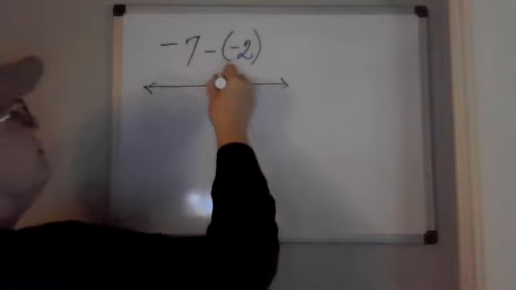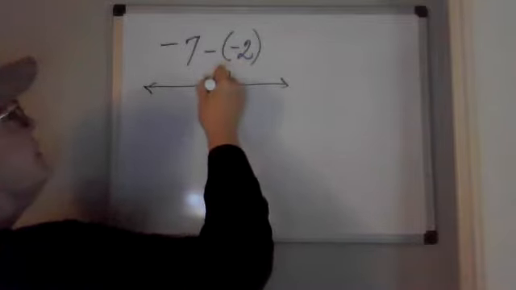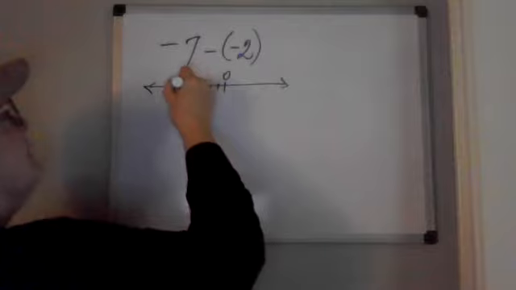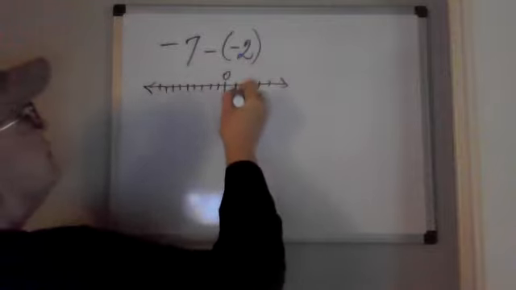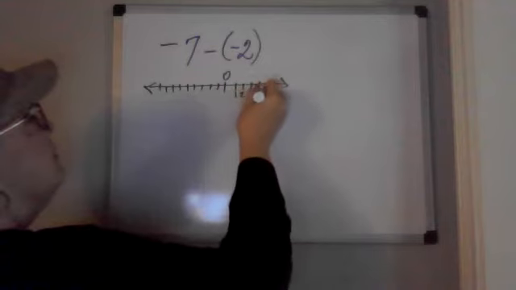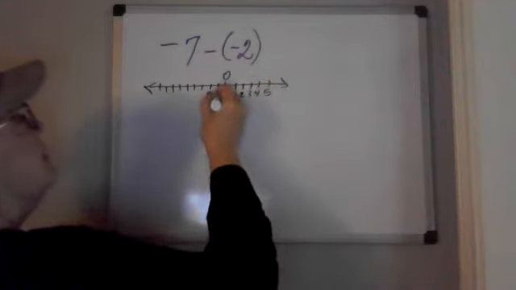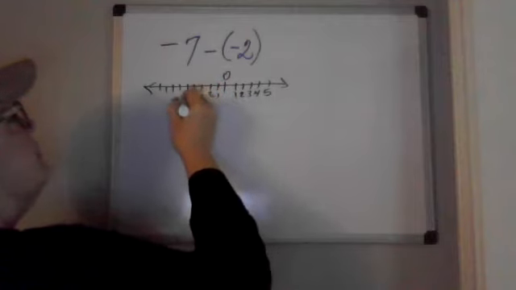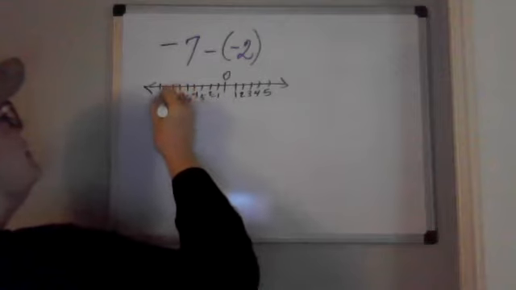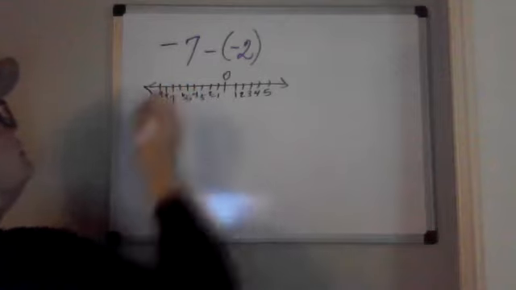And I have 0 here, then 1, 2, 3, 4, 5, 6, 7, 8, 9, and on the other side -1, -2, -3, -4, -5, -6, -7, -8, -9.